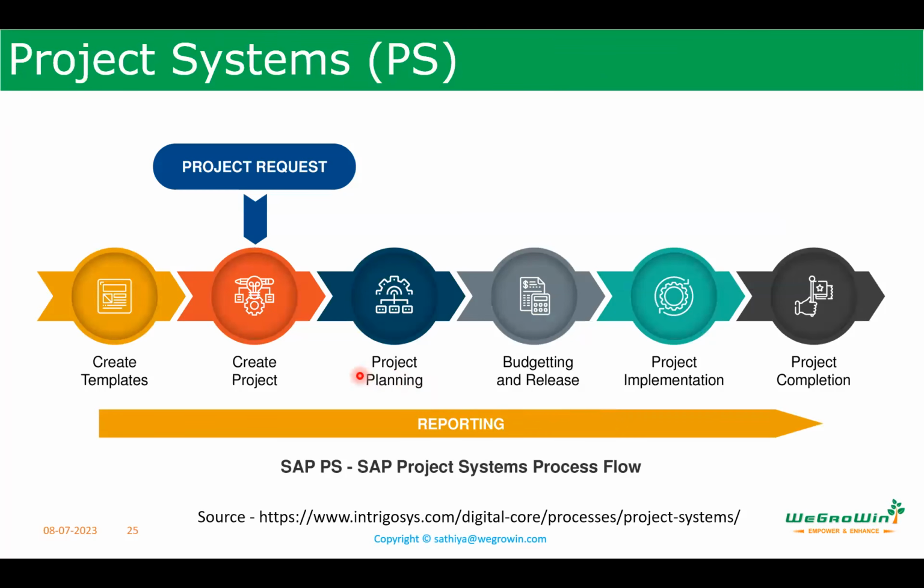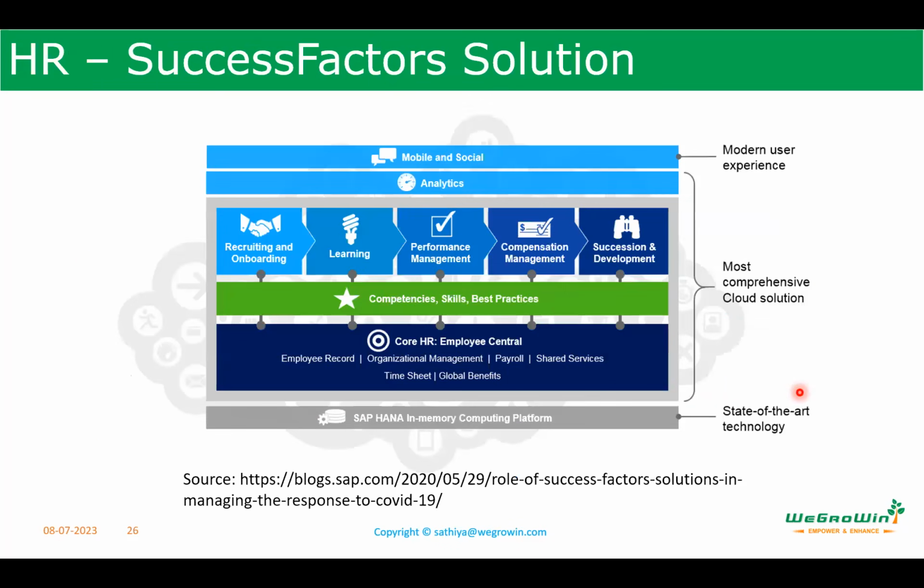And then there is the project system, where you create the template for projects. The project is created, planned, budgeted, released, implemented and followed up. So PS is the module. Then HR, SuccessFactors. SAP has brought up this HR module separately as SuccessFactors in S/4HANA.